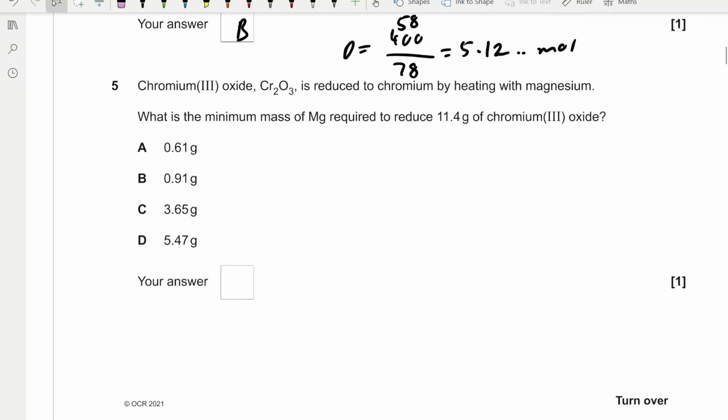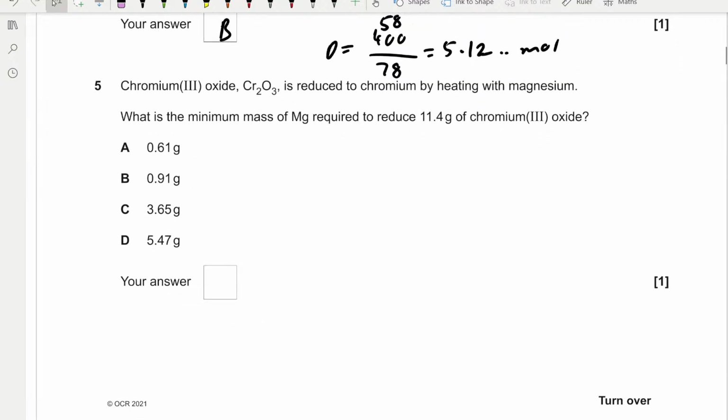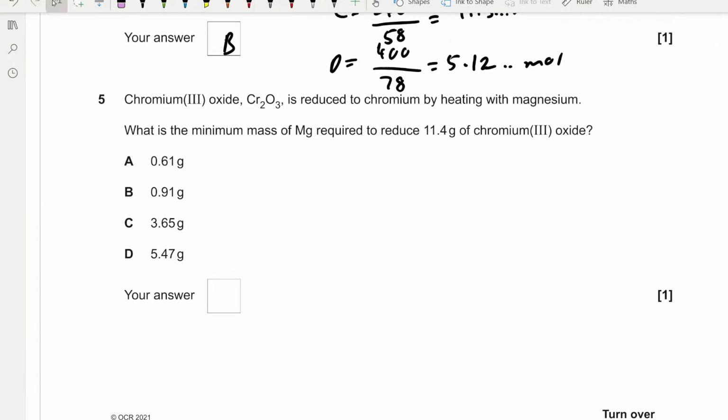Question 5. Chromium 3 oxide, Cr2O3, is reduced to chromium by heating with magnesium. What is the minimum mass of magnesium required to reduce 11.4 grams of chromium 3 oxide? So first we want to work out the number of moles in 11.4 grams of chromium oxide.